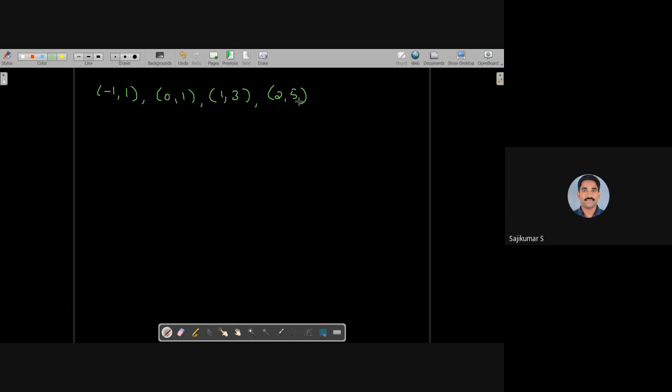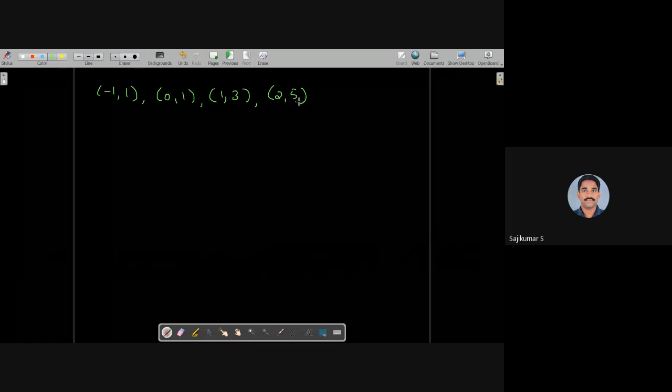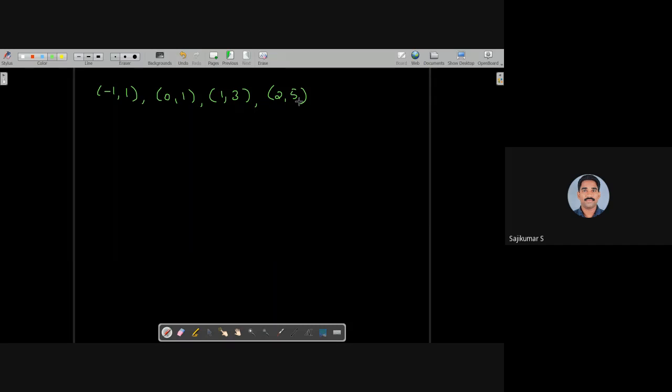Suppose we have 4 sample points: -1, 1; 0, 1; 1, 3; 2, 5. Is there any linear relation between these paired observed values? The first random variable values are -1, 0, 1, 2. The second random variable values are 1, 1, 3, 5.